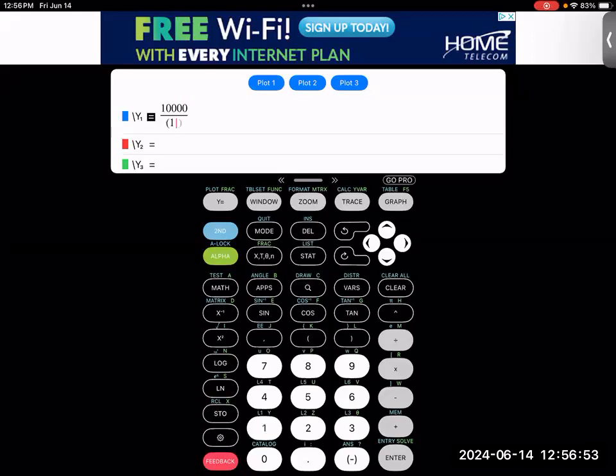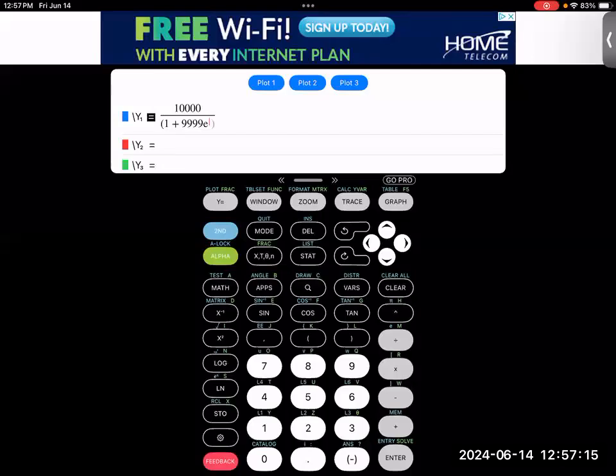That's just me. I like to be cautious. So you have 1 plus 9999. We have E, which we said in a different lecture, is right below the log button on the left-hand side, if you wanted to use the one with the exponential.